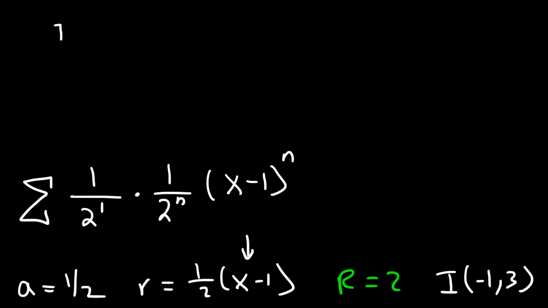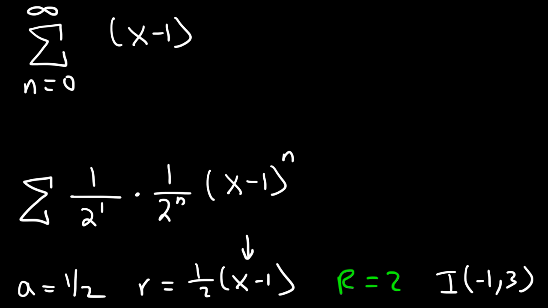So we can write the final answer like this. It's going to be the sum from 0 to infinity of x minus 1 raised to the n divided by, and these two we can combine and write as a single 2, so 2 to the n plus 1.